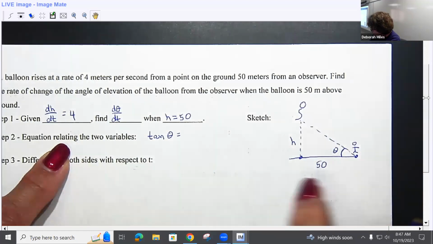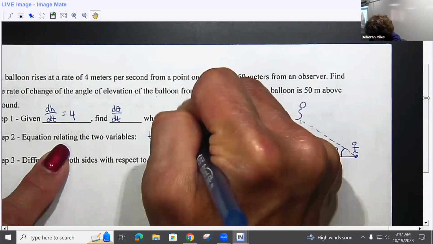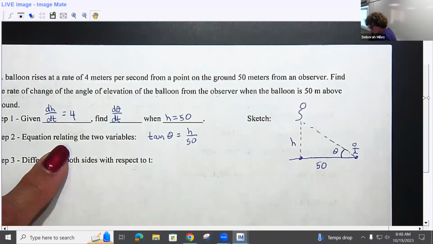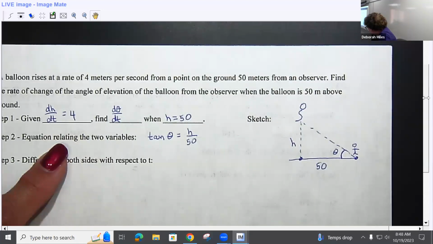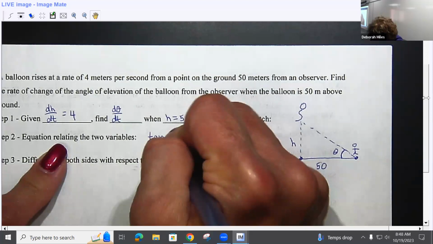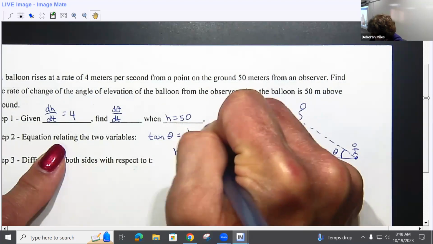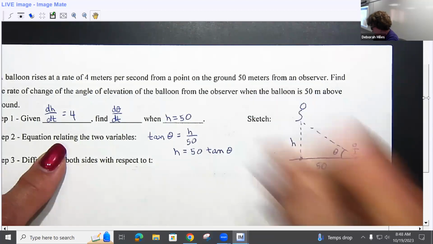Tangent theta equals H over 50. You might want to multiply both sides by 50. You don't have to, but it just makes my equation look a little neater. H equals 50 times tangent theta.